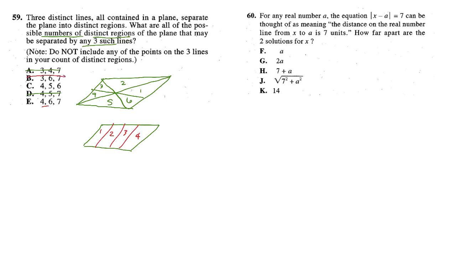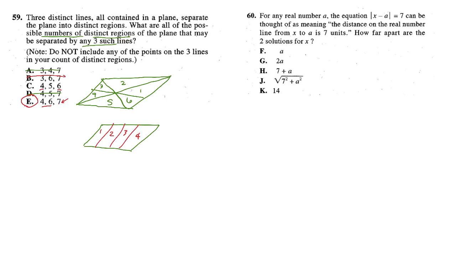So you can either take a great guess on this, or we can keep trying, either one. The final answer choice here is going to be E, because here we could probably tilt a line a different direction and we're going to end up with 7 different regions.